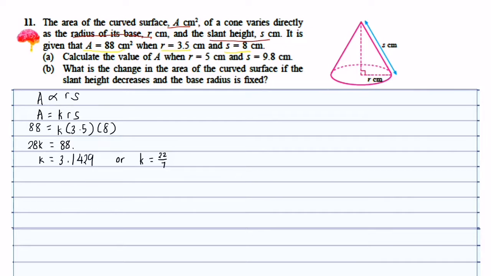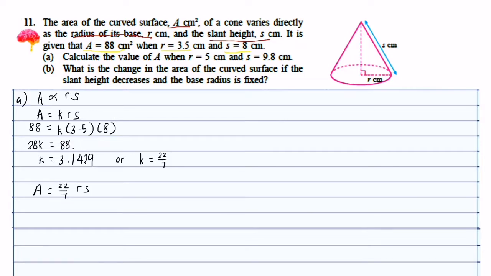Write in equation: A equals 22/7 times r times s. Now we write the equation A equals 22/7 rs.